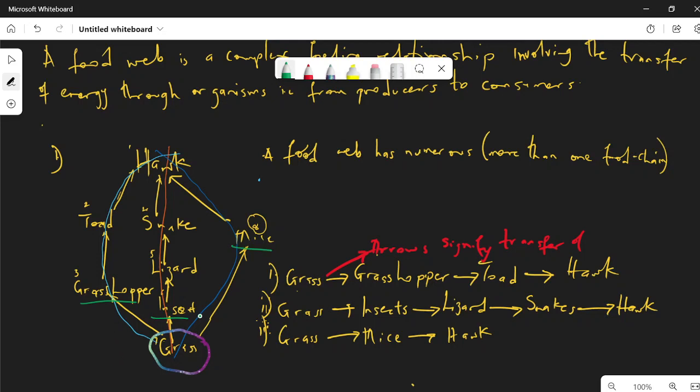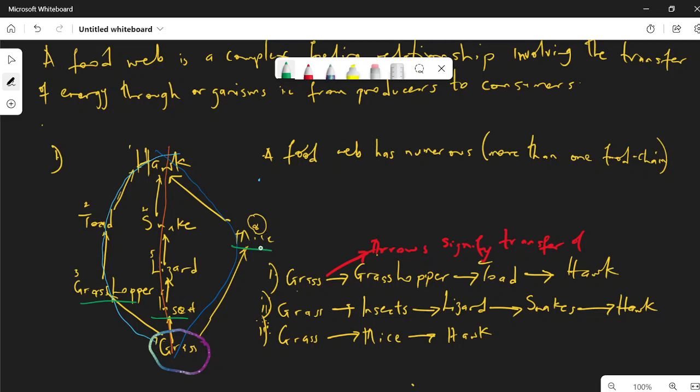The grasshopper, the insects, the mice, they are examples of organisms that are feeding on the grass. So it is possible for the grass to escape being fed upon by the grasshopper, and then fall victim to the insects.